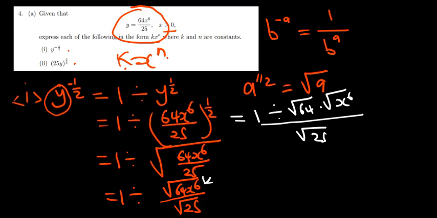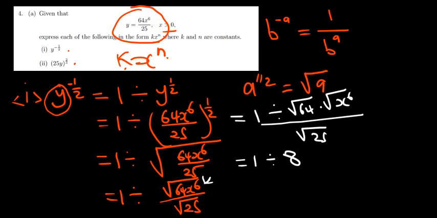So this is equal to 1 divided by, what is the root of 64? The root of 64 is simply 8, so I'm going to write 8 there. What about the root of x to the power 6?